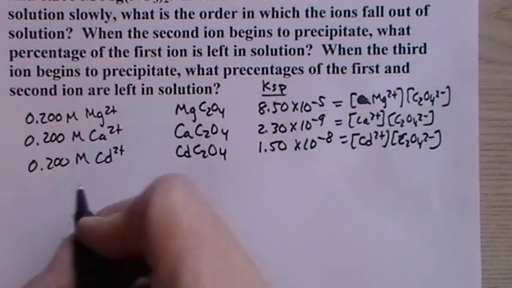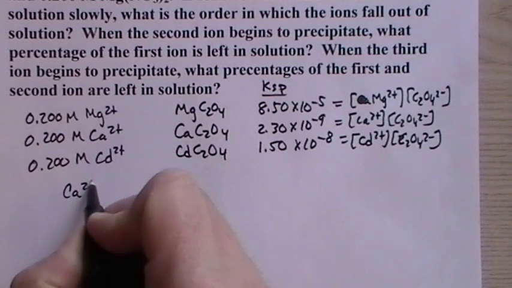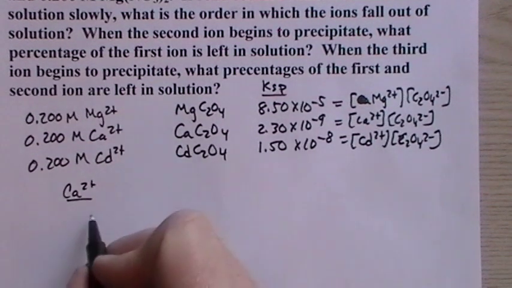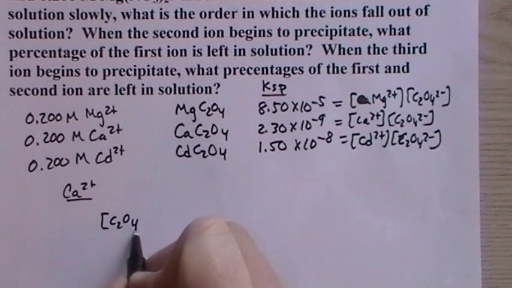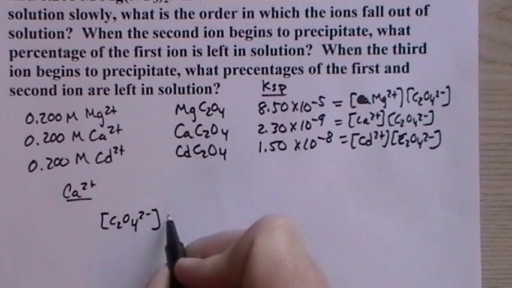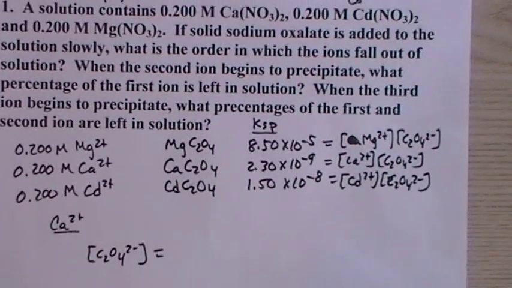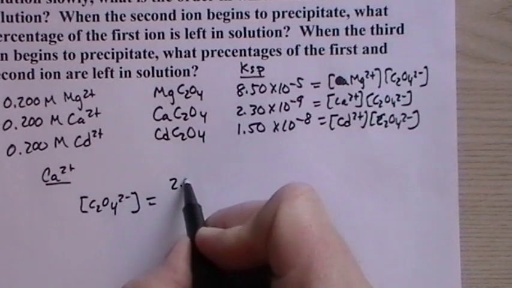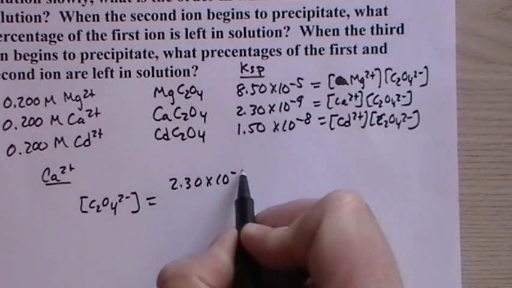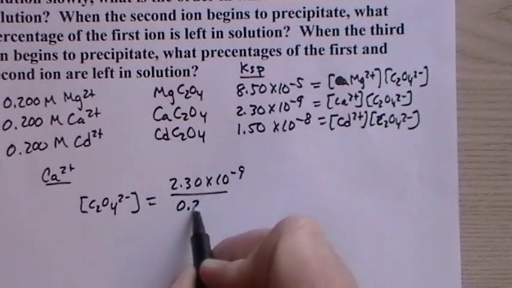We'll do calcium first, and that's how I had it originally on my paper, so I want to go back to that because I keep messing up. If we rearrange this expression, we end up with 2.30 times 10 to the minus 9 over 0.2.